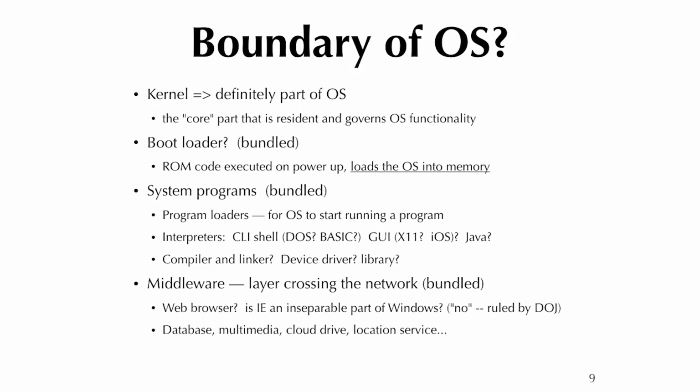Now, you can kind of grow outward and then say, okay, well, I'm offering shared services too. So at some point, you may need to decide based on whether it's running in kernel mode versus user mode. And we'll talk about that in a little bit. But there's at least a core part where it has to run in privileged mode. And these are things that user code could not do.